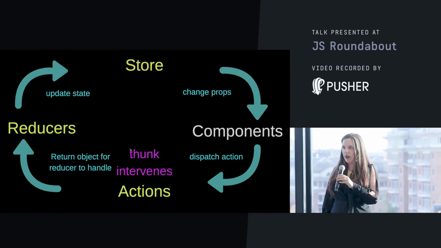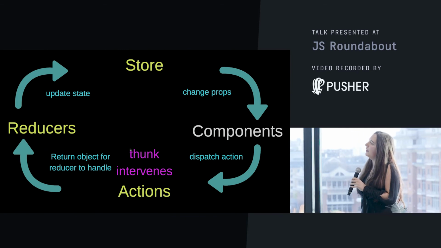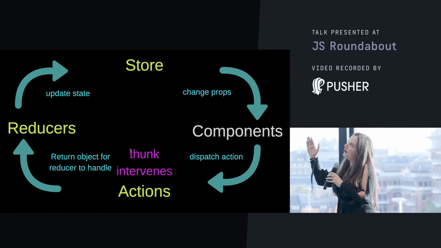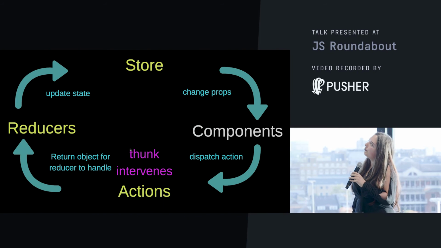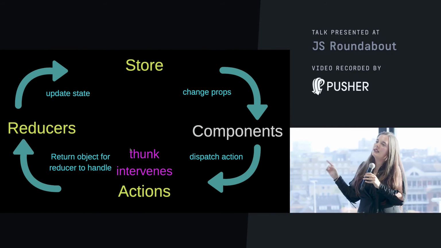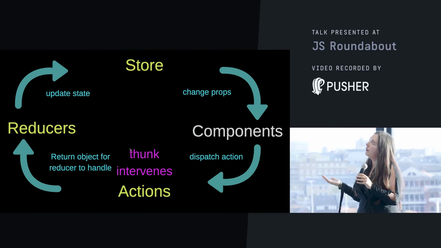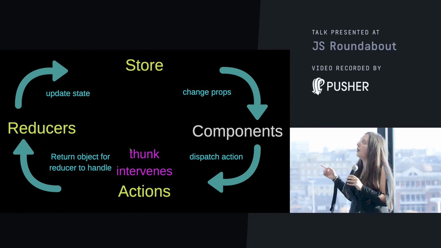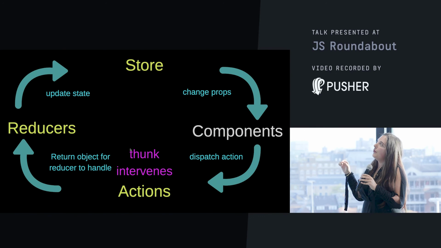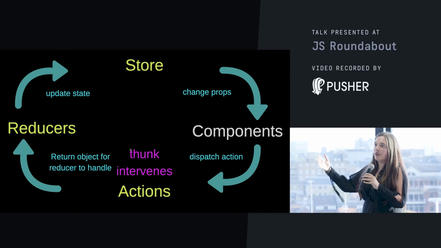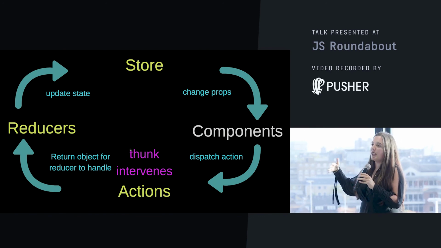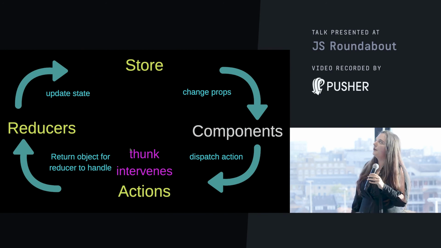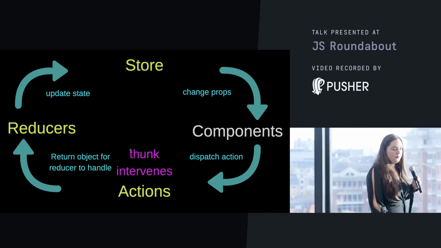We've nearly come full circle. We've now got a store, whoop-de-doo. But our components need to be able to connect to that store. They need to be able to access the values. Crucially, they also need to be able to call those methods, to dispatch those actions. So let's have a look at that.